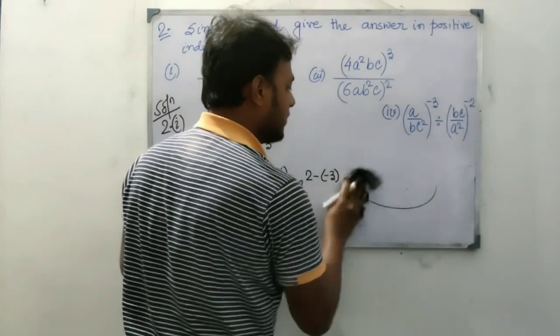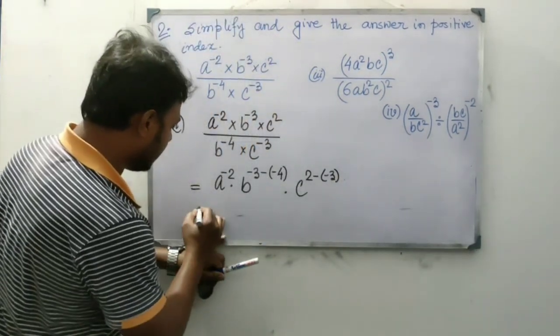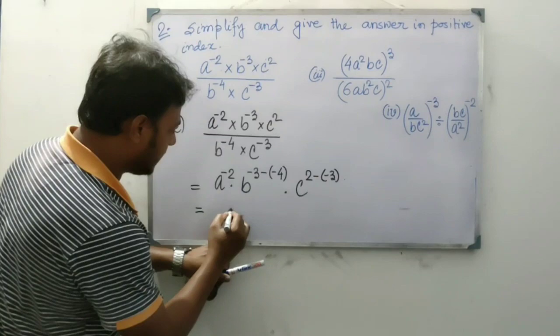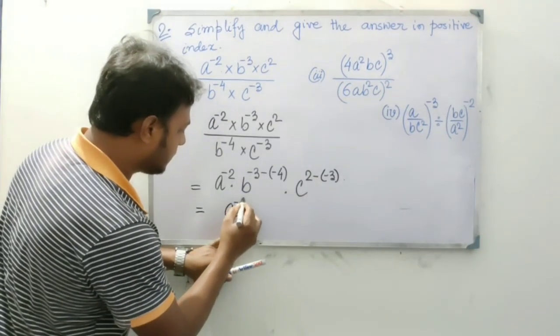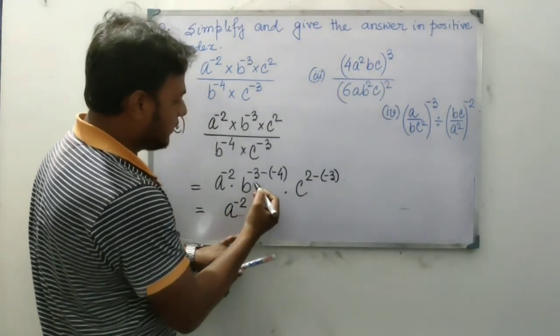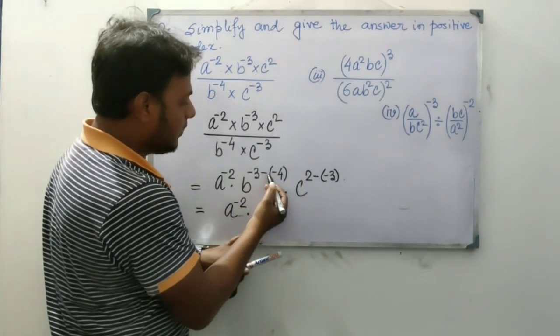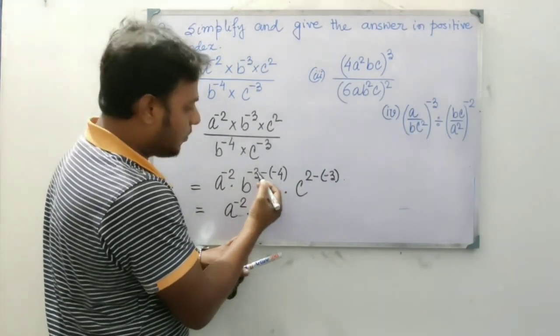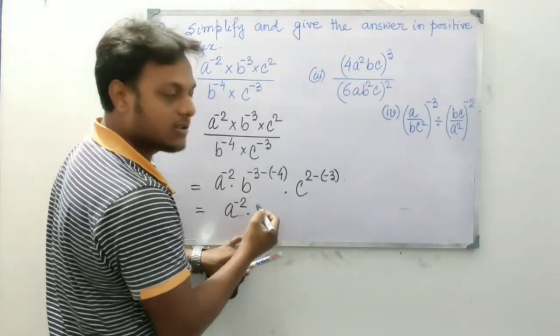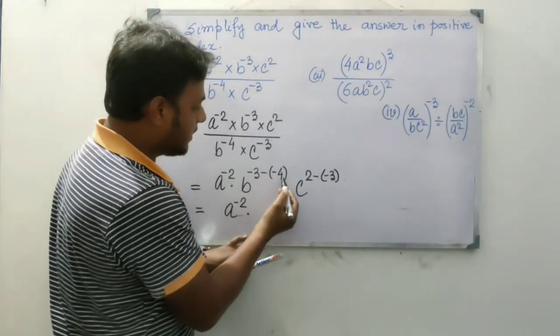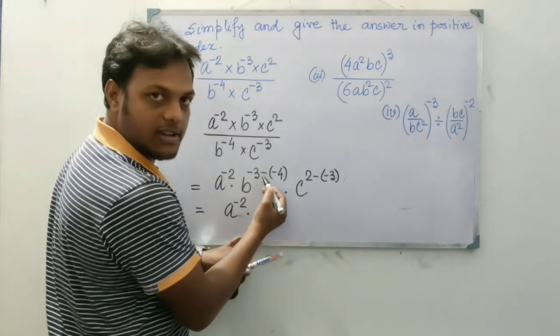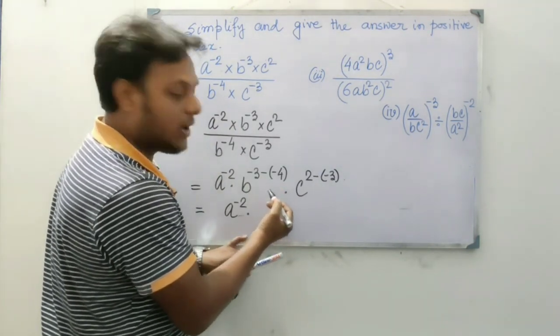Now simplify it. It will be a to the power minus 2. And for the power of b, minus 3 and minus minus becomes plus 4, so minus 3 plus 4 means plus 1.